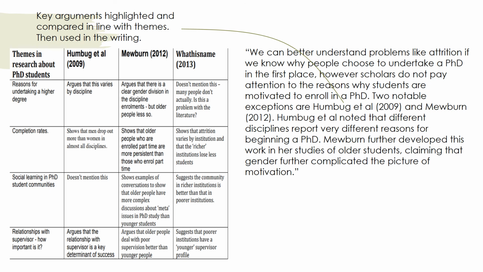And so, we're looking at why people take a PhD, and if what motivates them to do this is connected with whether they actually persevere. So, what we're trying to see here is how this particular grid and this information from the reading can be organised and analysed to help us start actually writing our chapters and our paragraphs.